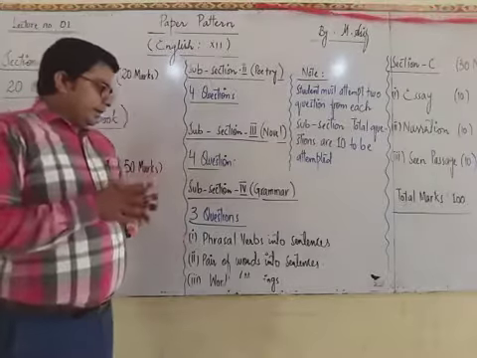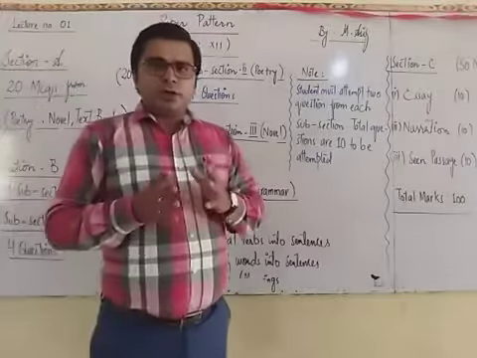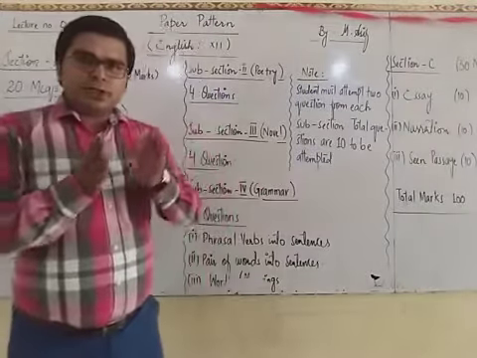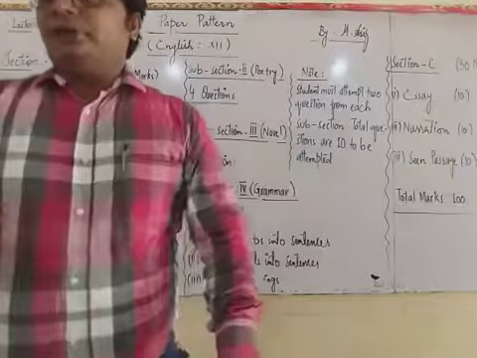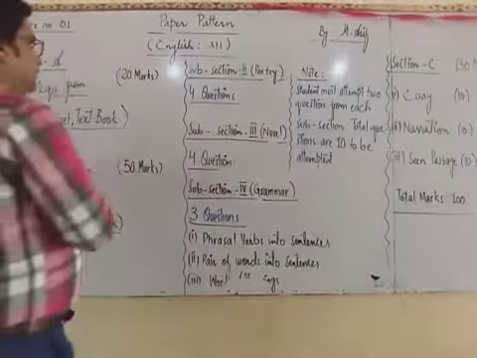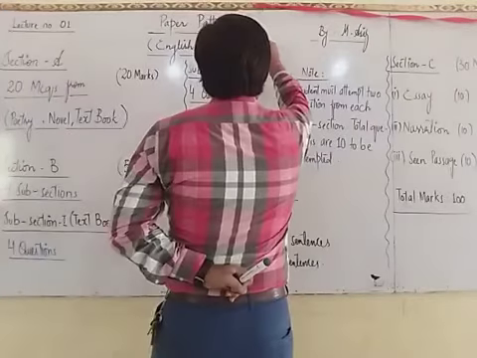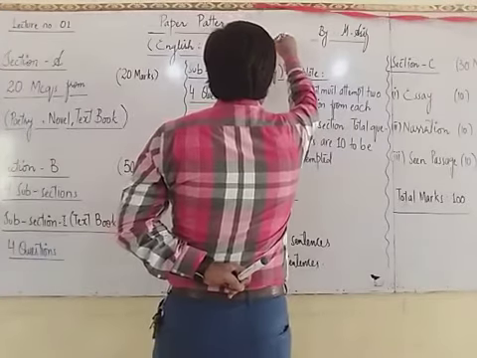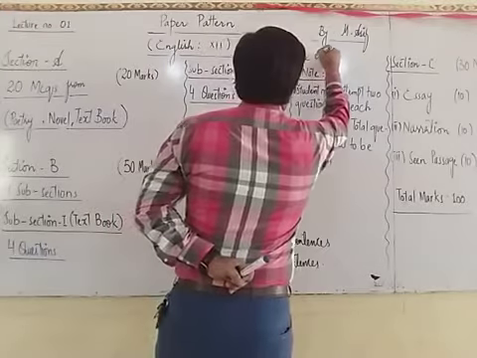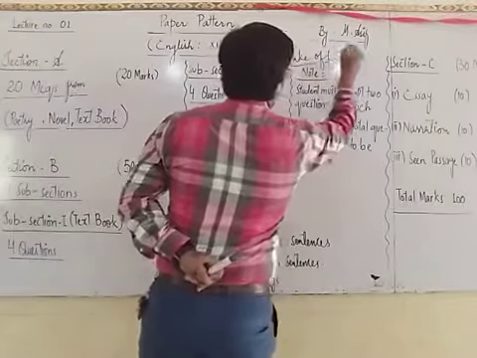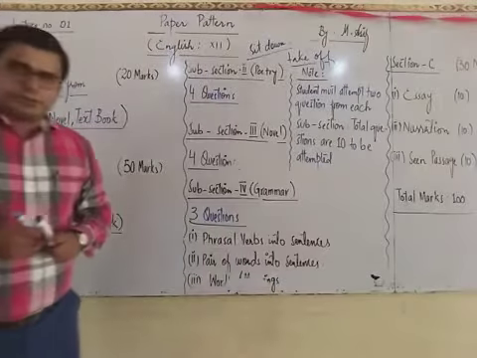Number 1, there are given phrasal verbs. What is a phrasal verb? Preposition with verb is called a phrasal verb. Suppose if I write over here, sit down, take off. These are phrasal verbs.